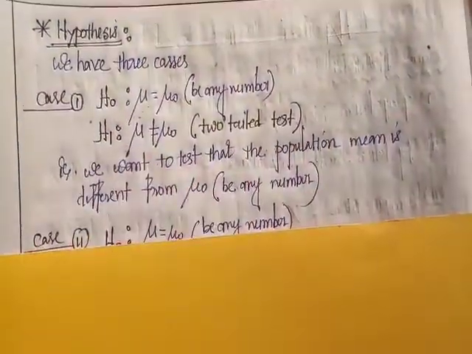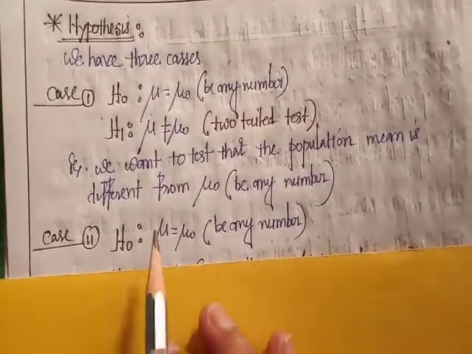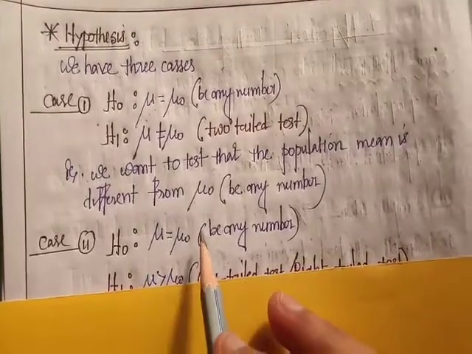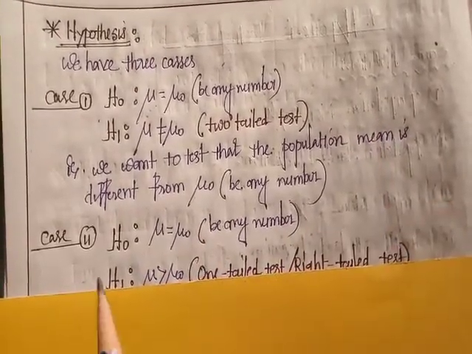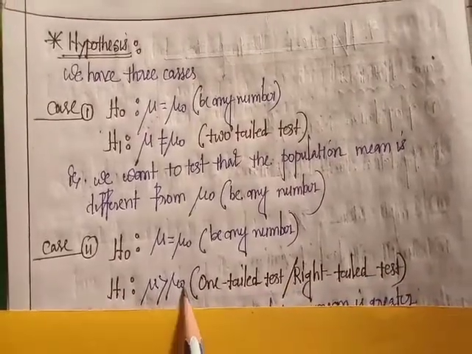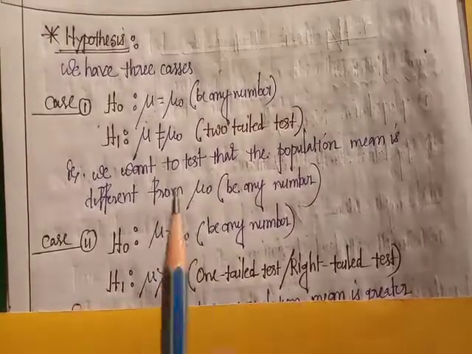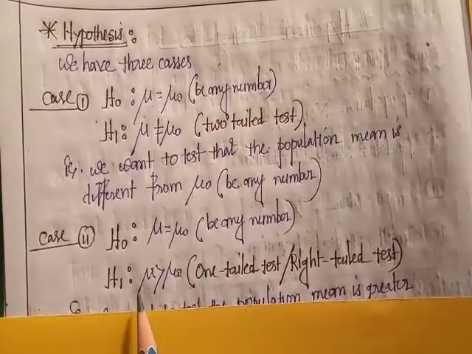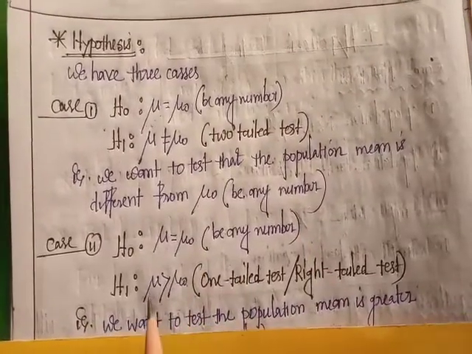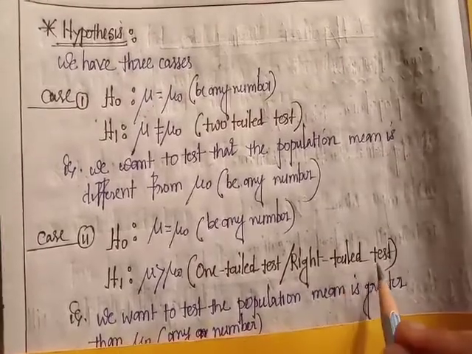Second case, if the null hypothesis is mu equal to mu naught, any number, then the alternative hypothesis may be mu greater than mu naught. In this case we call it right tail test.